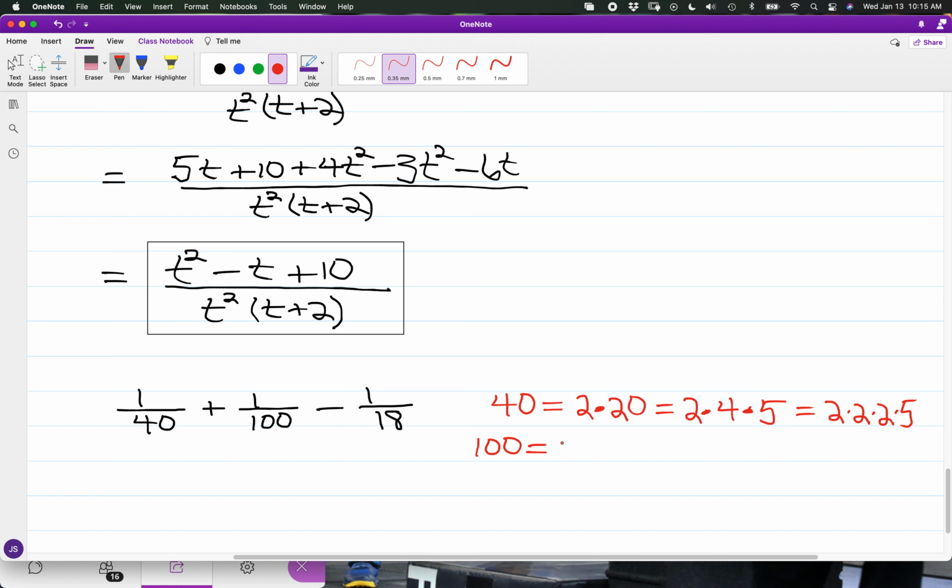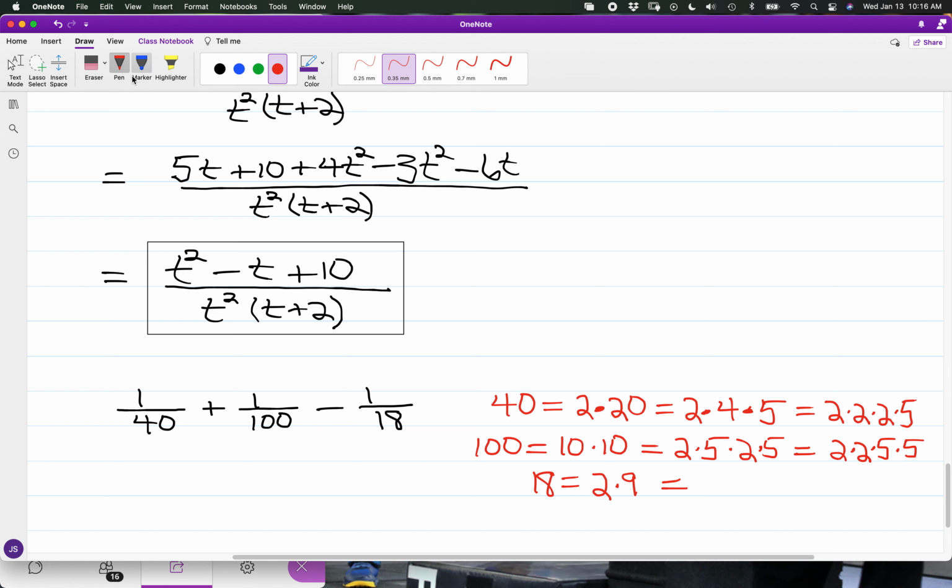And in the case of 100, say we have 10 times 10 as a possible combination, and the 10s will each factor out to 2 times 5. And just organizing, you have 2 times 2 times 5 times 5. And as for 18, we can say that we have 2 times 9.